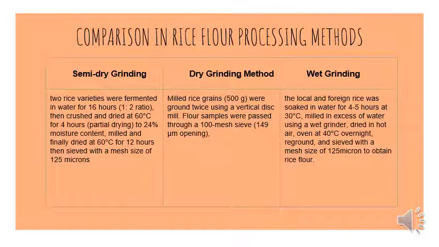The local and foreign rice was soaked in water for 4 to 5 hours at 30 degrees Celsius and then milled in excess water using a wet grinder, dried in hot air in an oven at 40 degrees Celsius overnight, then reground and sieved with a mesh size of 125 microns to obtain the rice flour.